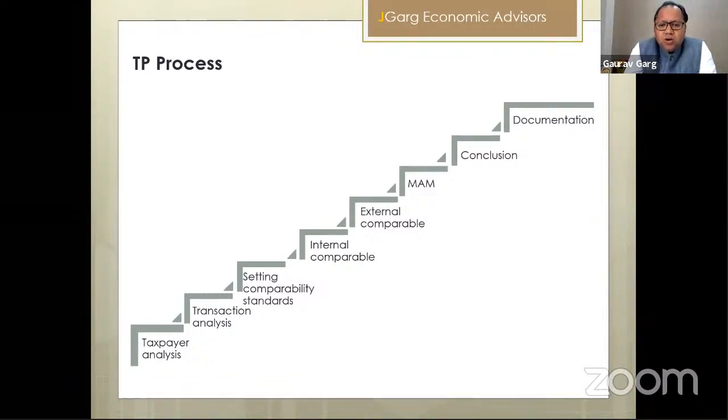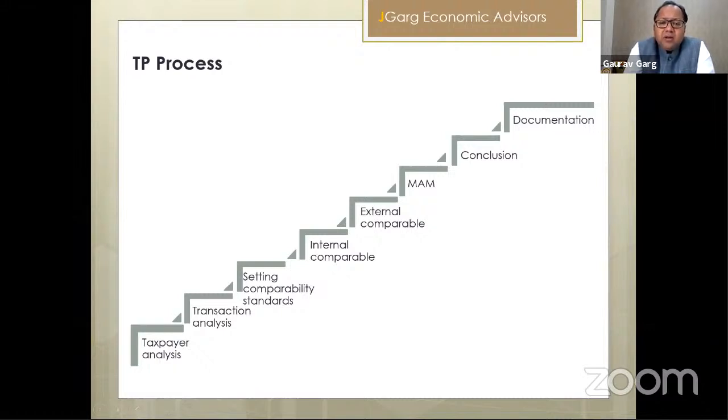When we say that we need to have the most appropriate method, it means that we're going to evaluate each method independently, and why a particular method is applicable or not applicable needs to be documented. Once we are done with our analysis and have found the comparables, we need to do adjustment if required, because sometimes you may get an exact comparable, sometimes you may not.